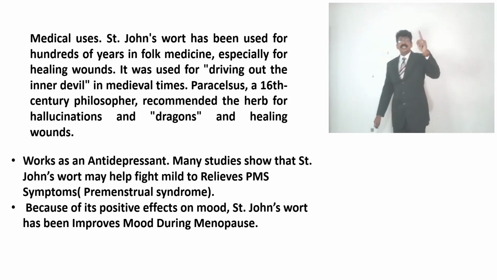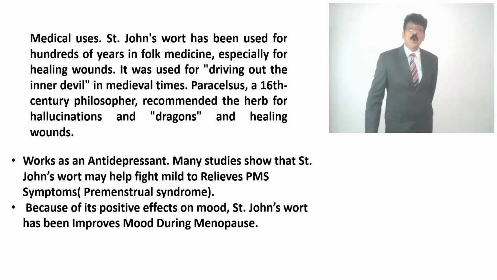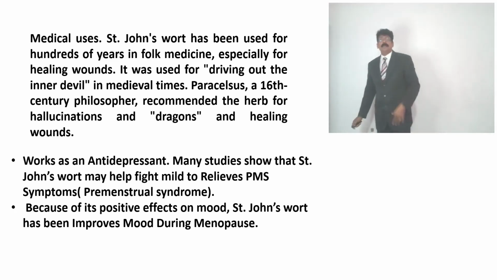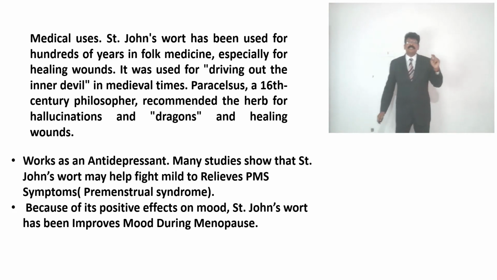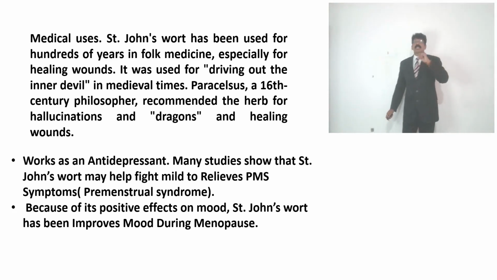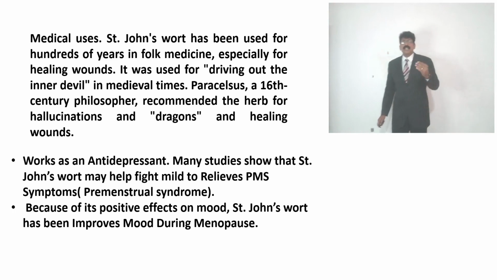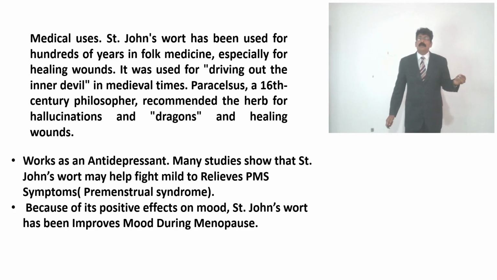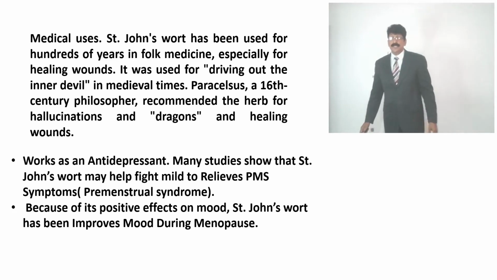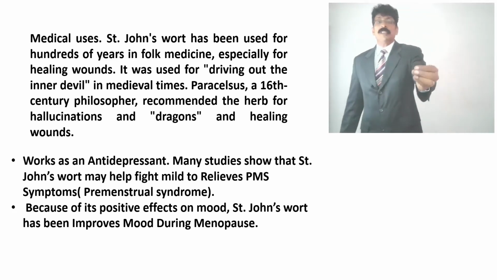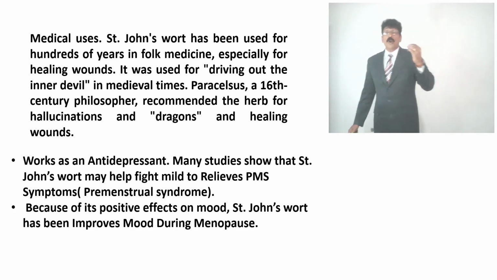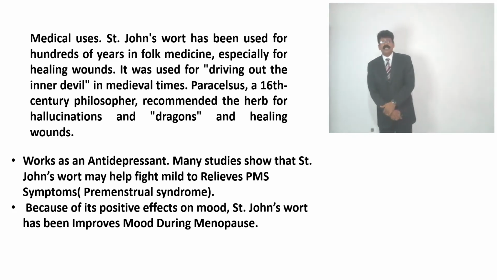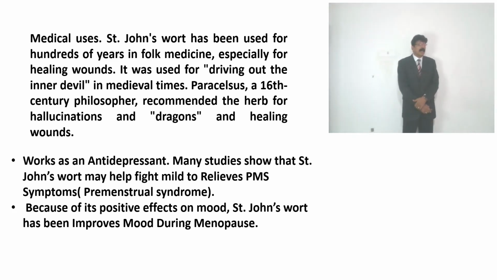Many studies show that St. John's Wort may help fight mild to moderate PMS. PMS, that is premenstrual syndrome, is a common disease in females who have experienced these types of issues. That's why I told you this plant product is available, which is very useful, and it is used for various ailments.